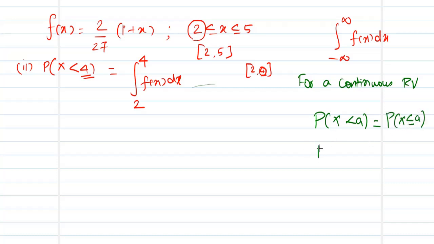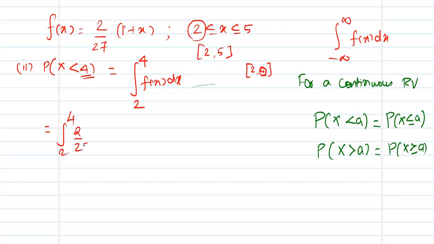The same holds true for probability of x greater than a, which is the same as probability of x greater than or equal to a. So including that one point a for your integration will not make much difference to the final answer. So now taking it till the limit 4, this gives me integral from 2 to 4.